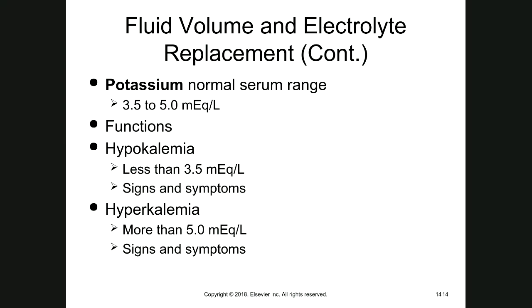You have hypokalemia, less than 3.5, and look at the signs and symptoms of that. And then you have the hyperkalemia. Hypokalemia occurs, in most cases, caused by excessive loss rather than deficient intake.